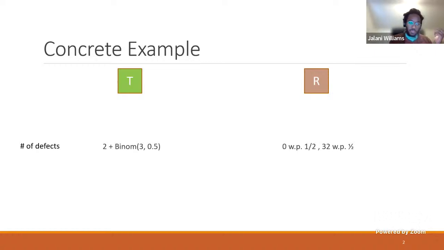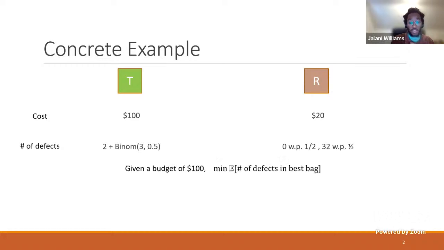Now, naturally, each brand also prices their bags differently. The trusted bag costs $100, while the risky brand costs $20. So the problem is, given that you have a budget of $100, and your goal is to minimize the expected number of defects in your best bag of concrete, what should you do? Well, what can we do? In this case, we actually only have 2 options.